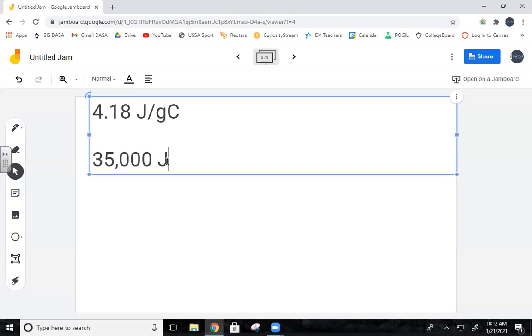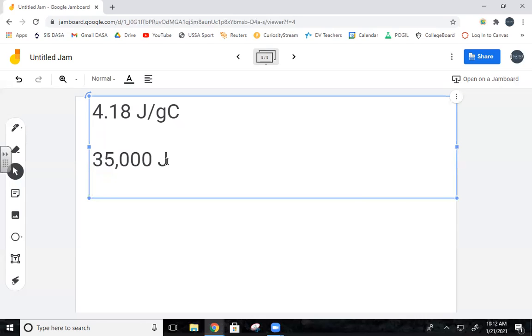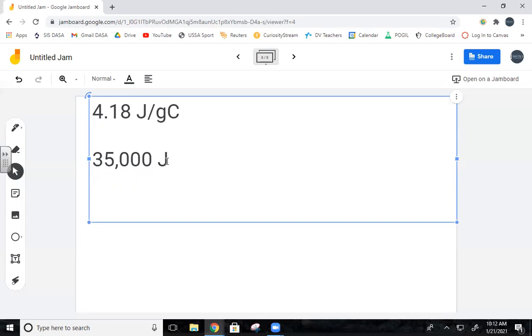All right. 35,000 joules. And we have a 500 milliliter bag of water, which again is equal to 500 grams.